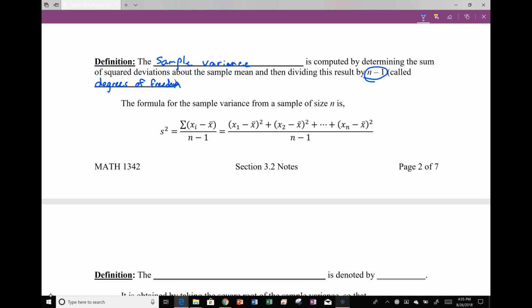The formula for sample variance from a sample size of lowercase n, recall that that is our sample size, is s squared. Recall that sigma squared was our population variance and sigma was our population standard deviation. We have changed from the population to the sample. So the sample variance is s squared and the sample standard deviation is s.